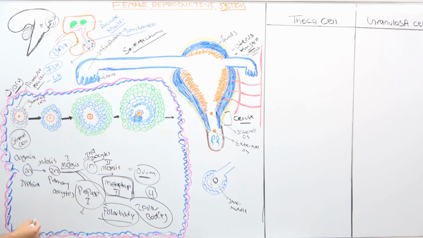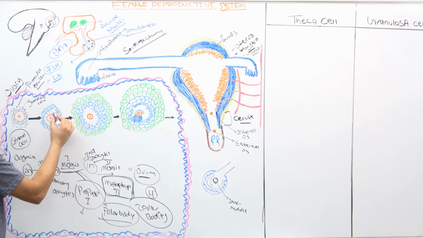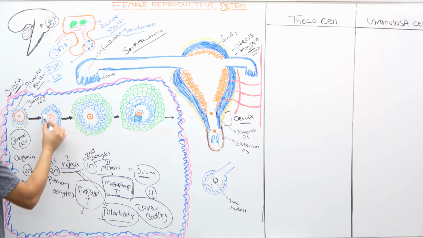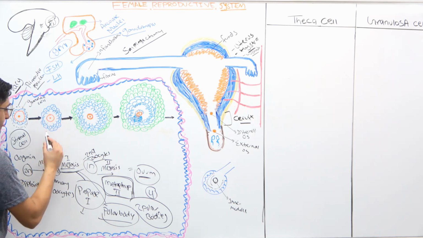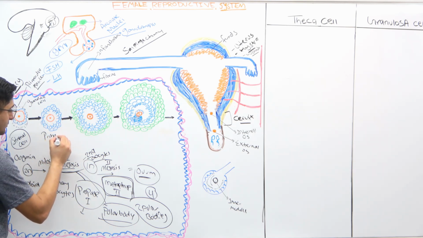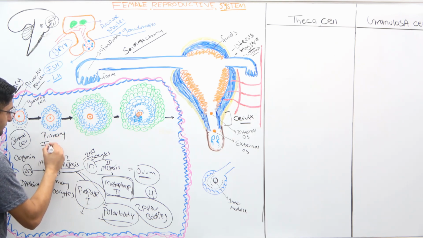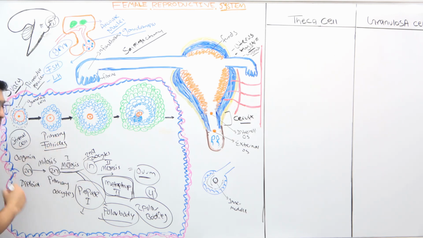Now, with the proliferation, this is going to get converted into this follicle, which now has multiple layers of granulosa cells and the oocyte here. This is called your primary follicle, okay?